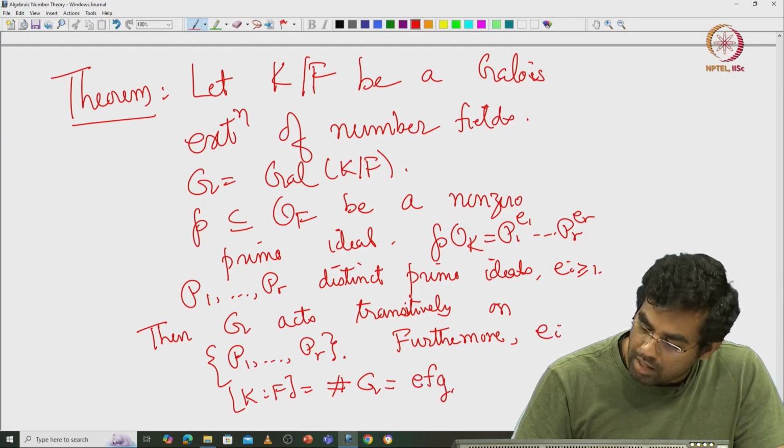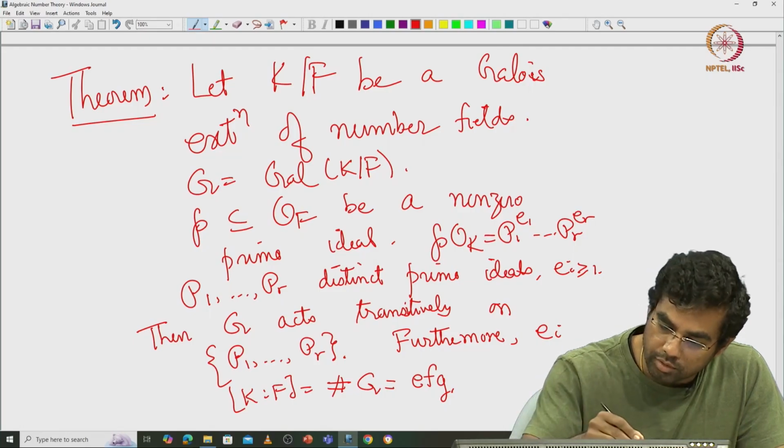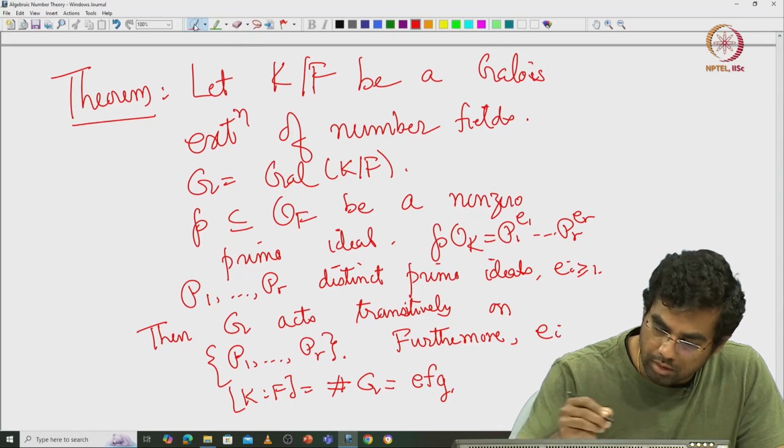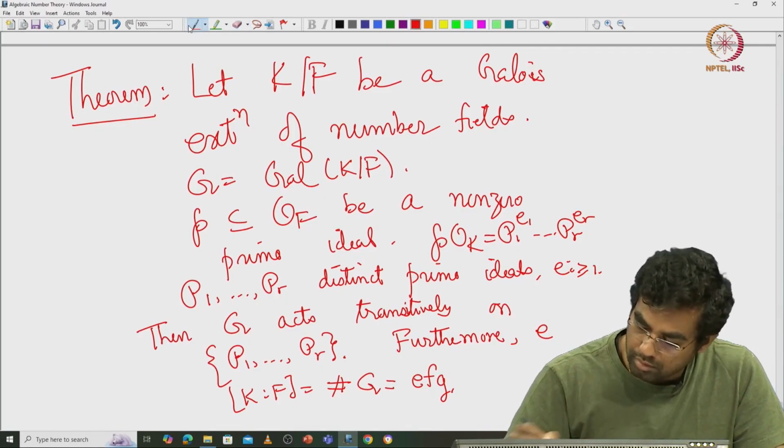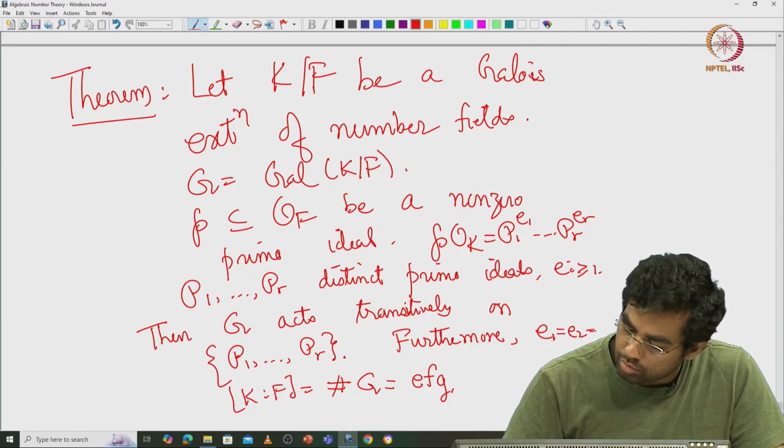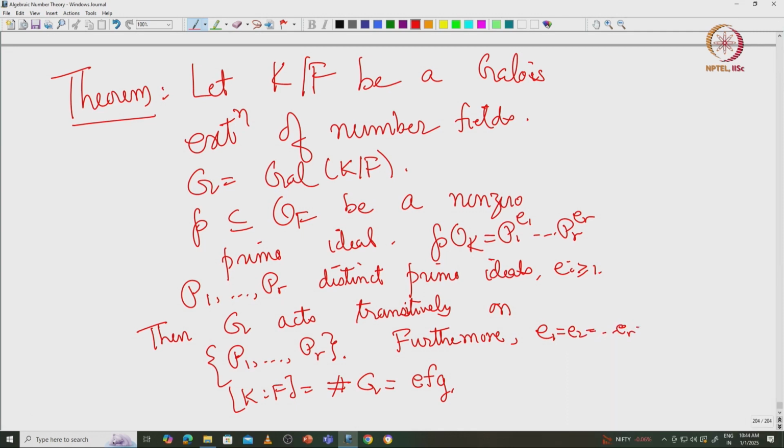So, furthermore, e1 is equal to e2 and so on up to er, equal to e, and f1 is equal to f2 is equal to fr, which I will call f, and then e times f times r is equal to the order of G, which is of course equal to the degree of this extension.